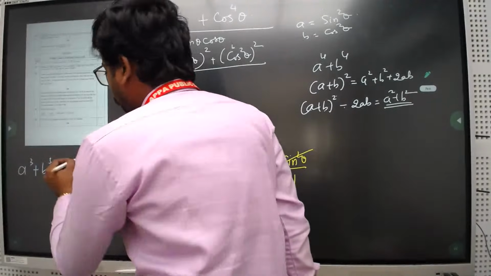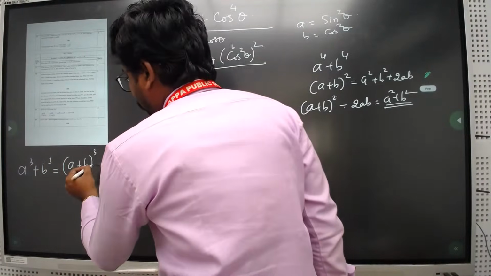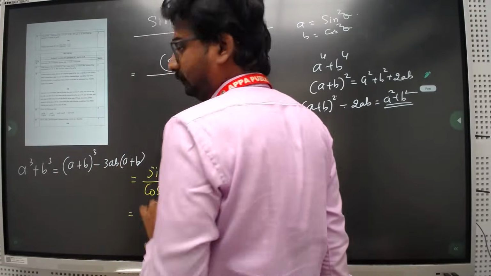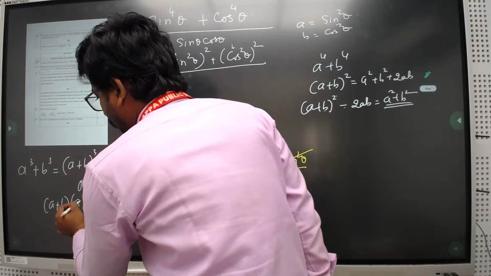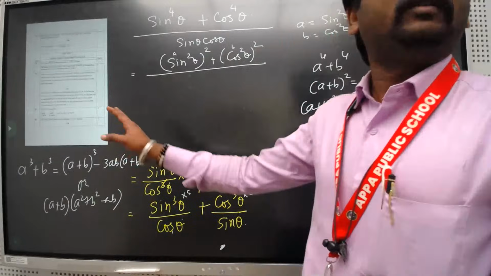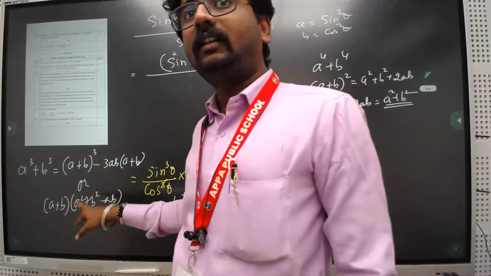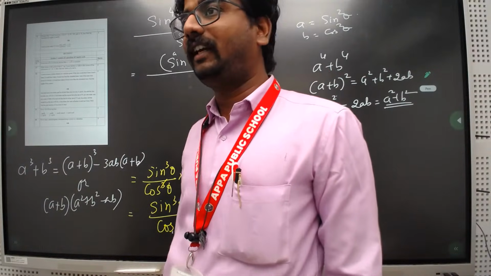A cube plus b cube is nothing but a plus b whole cube minus 3ab into a plus b. Or there is one more formula, a plus b into a square plus b square minus ab. There will be such problems. You can check any reference book. Again, which identities are these? 9th standard. So remember the identities of grade 9.